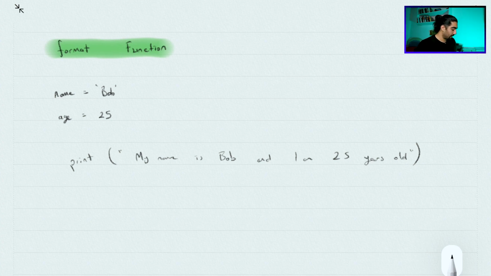How can we use that? I will delete this and do something like this. Format. And in this format function, I will have my variables that I want to put into my string. For example, I will say name, and the other one is age. Then I will close the parentheses, one for the format and one for the print.